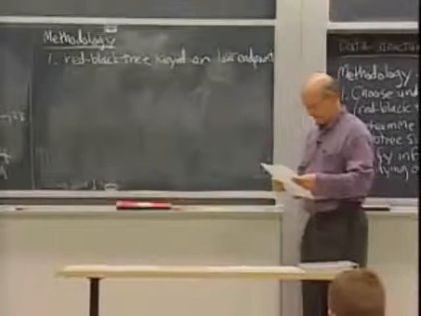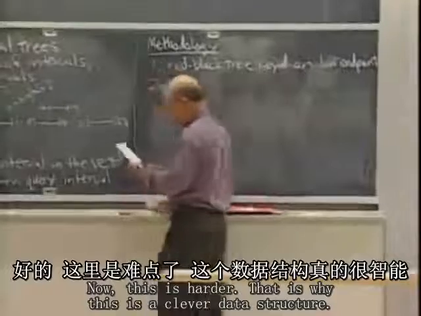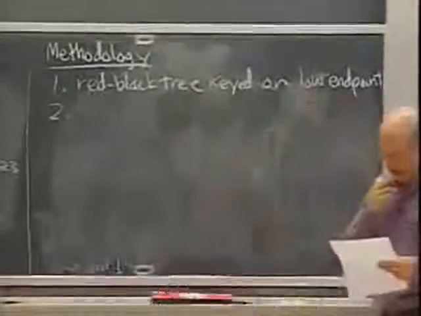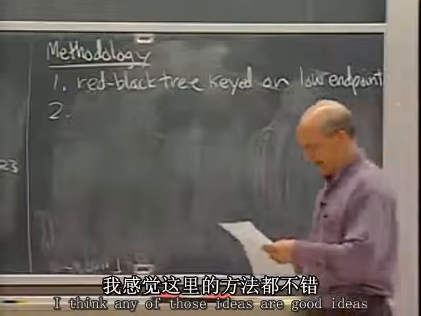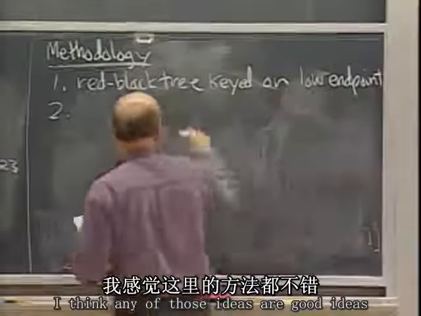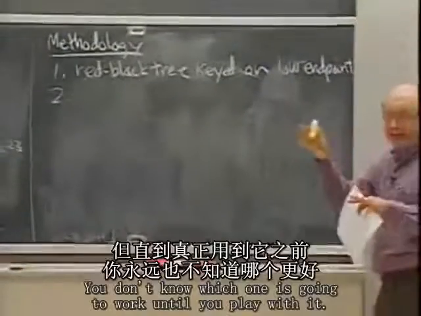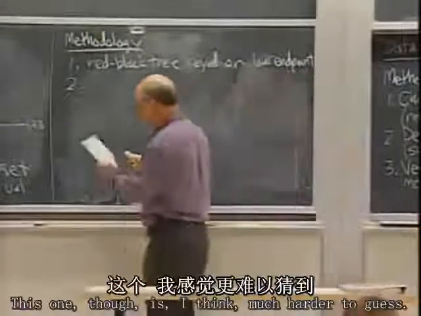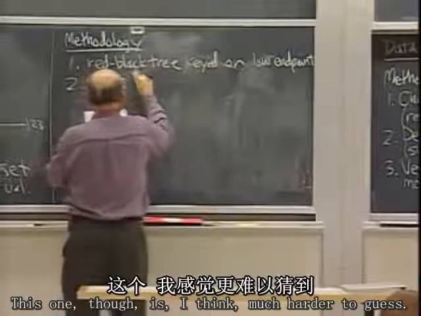Now, this is harder. That's why this is a clever data structure. So what are we going to store in the node? I think any of those ideas are good ideas to throw out and look at, and then you don't know which one is going to work until you play with it. This one, though, is much harder to guess.